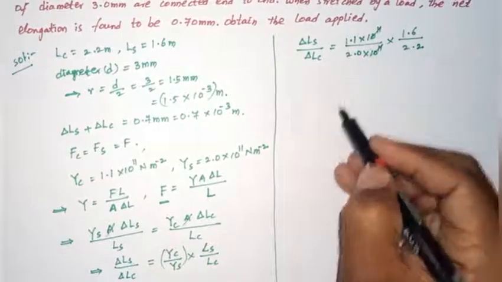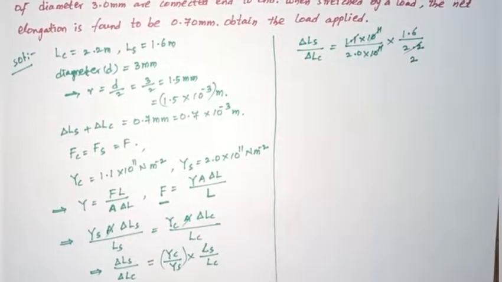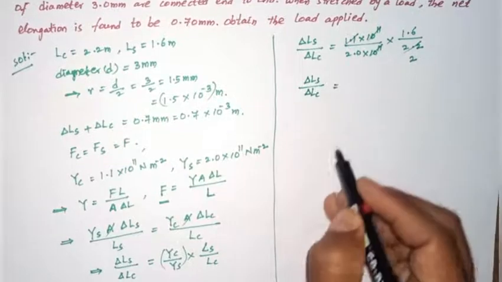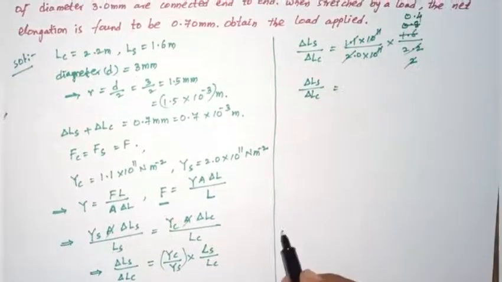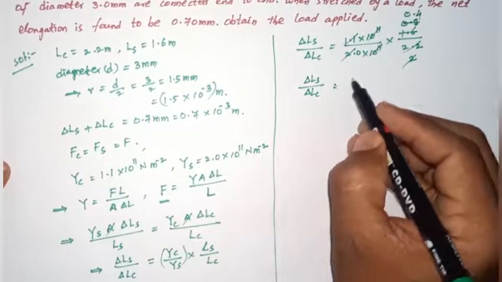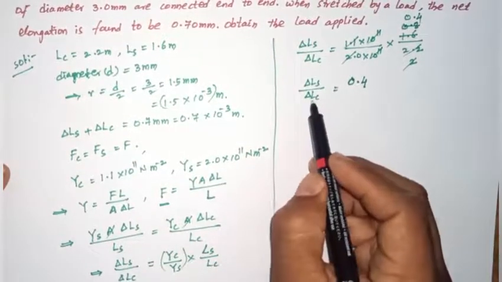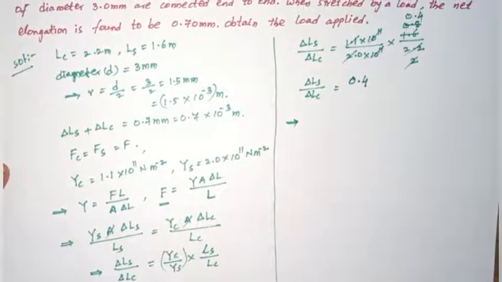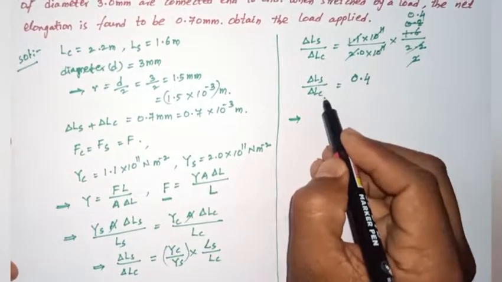The 10 to the power of 11 gets cancelled, so delta Ls by delta Lc equals 0.4.